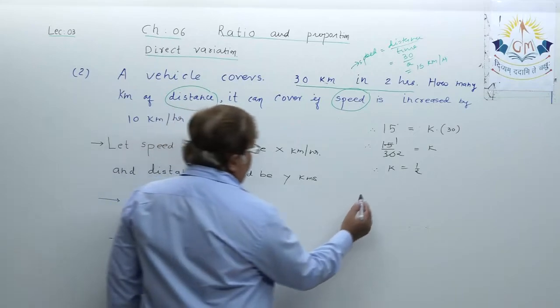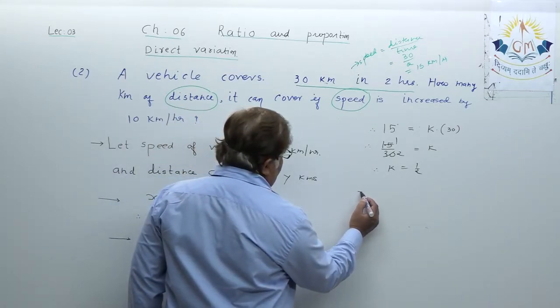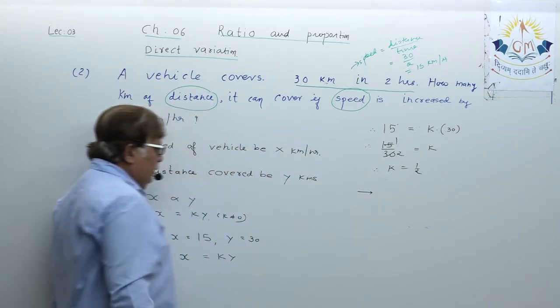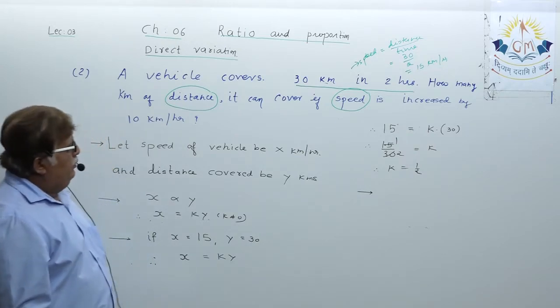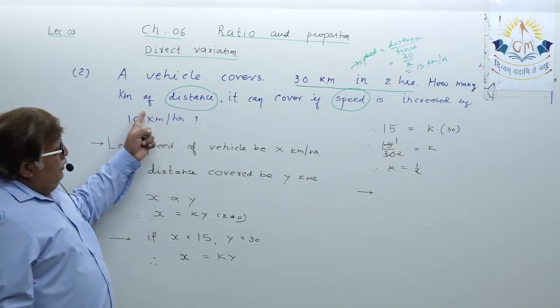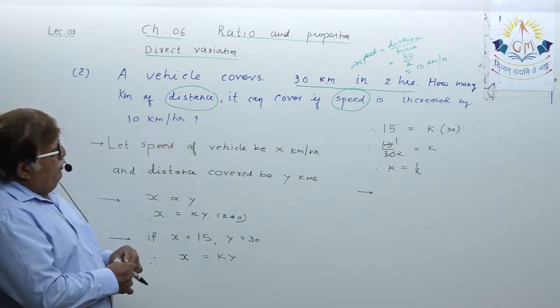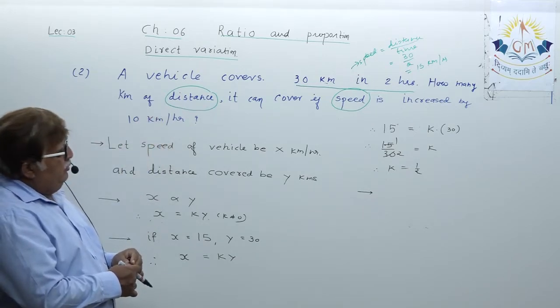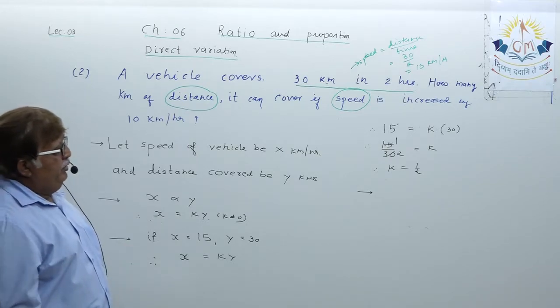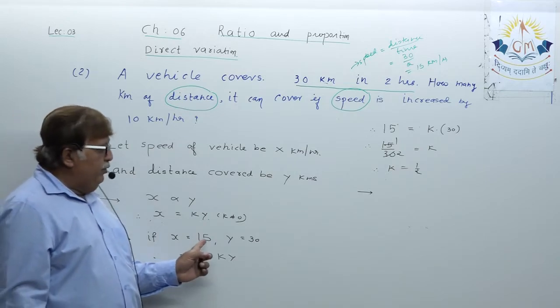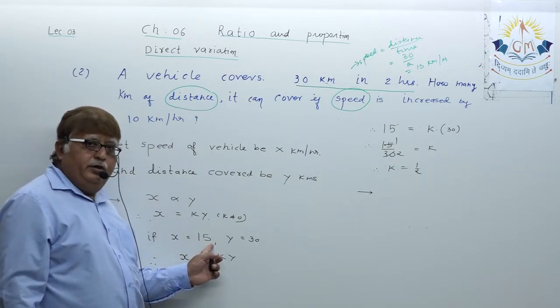Now what is said is very important, dear student. What they are asking for now: how many kilometers of distance can it cover if the speed is increased by 10 kilometers per hour? What is the original speed? 15.